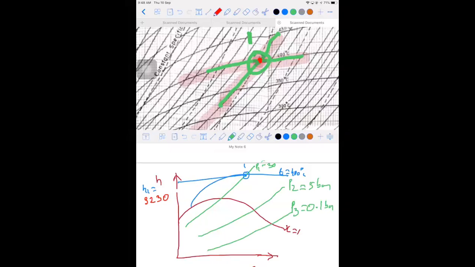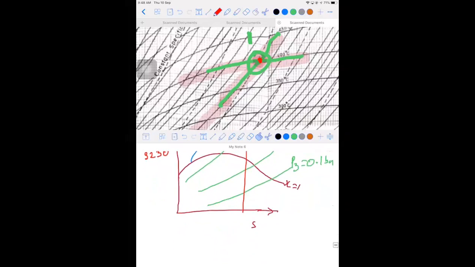Now you draw the isentropic line from here like this. Why is it called an isentropic line? Here S1 equals S2 equals S3.